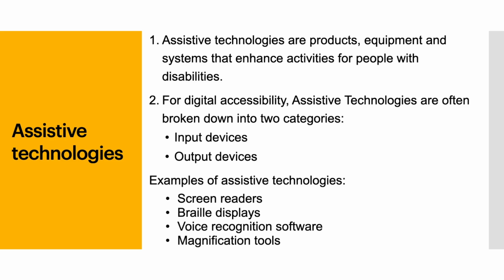Then come screen magnifiers, which enlarge text and images for users with low vision. Refreshable braille displays convert digital text into braille characters for tactile reading. There's another one called text to speech, TTS software, which reads out text for users with dyslexia or visual impairments.